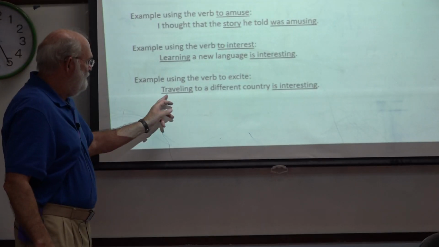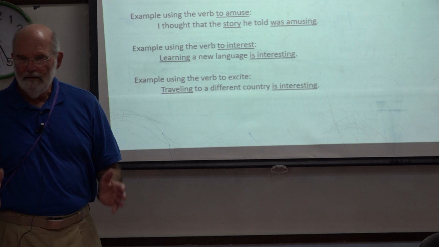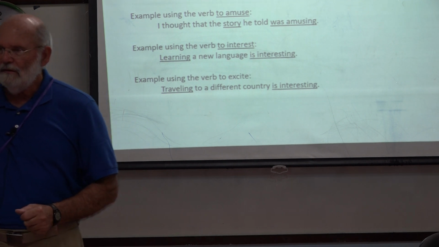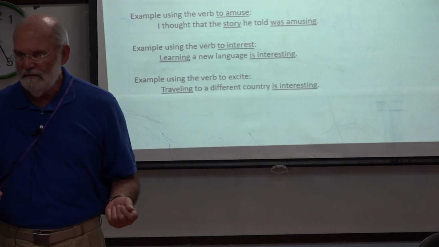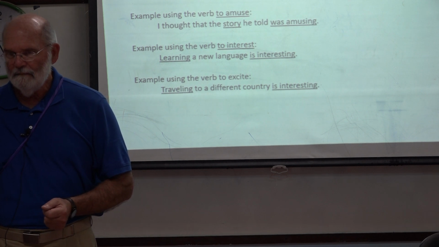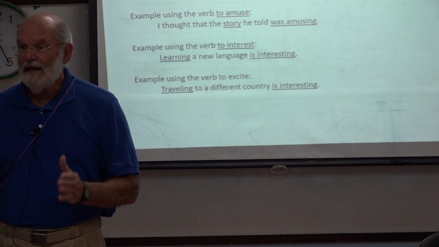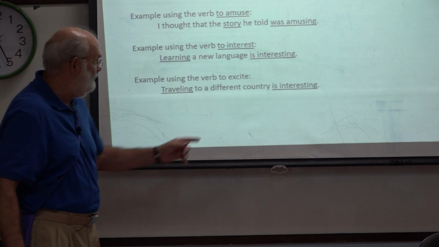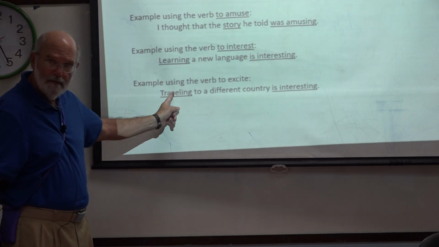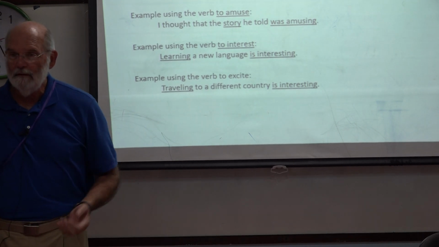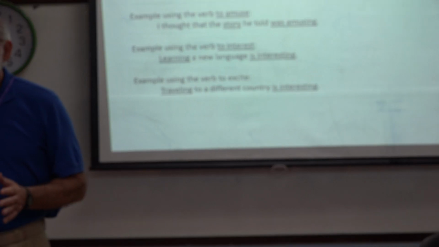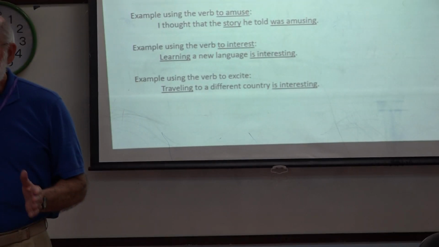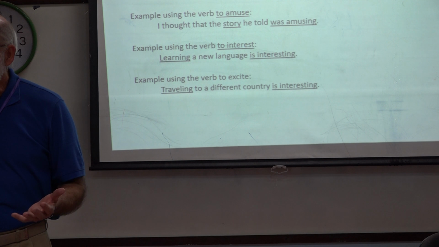So, traveling to a different country is exciting. So we've taken the verb to excite, we've added ing to it, and we're using exciting as an adjective to modify the noun traveling. And we've taken the verb to travel, added ing to it, it became a noun.